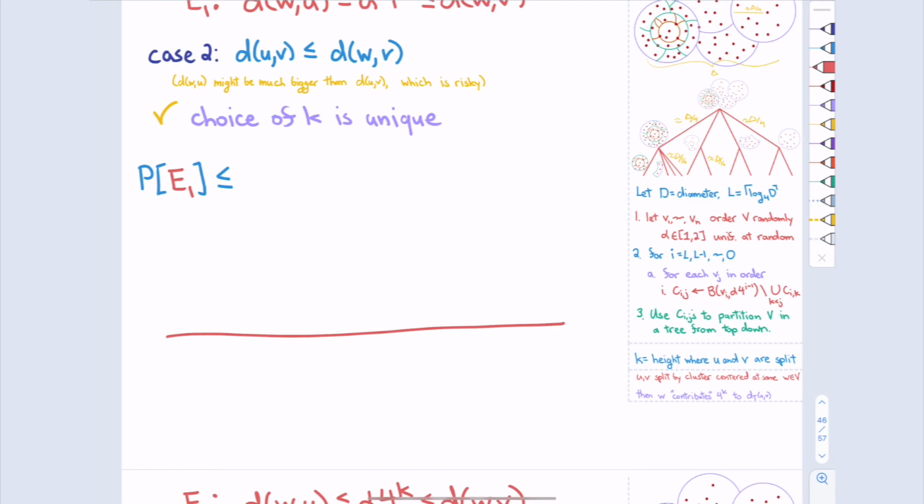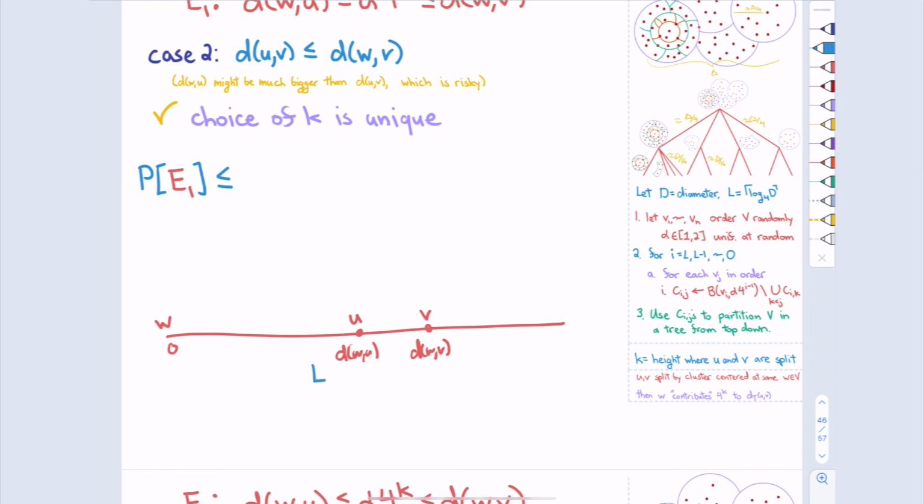Think of this as a line. W is at 0. U is at d(W,U). V is at d(W,V).